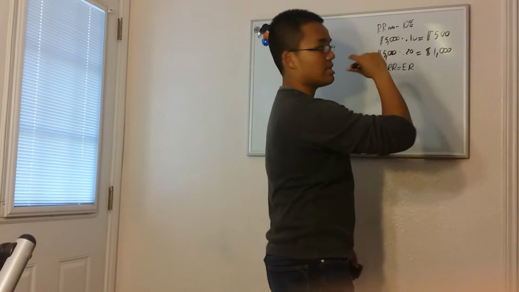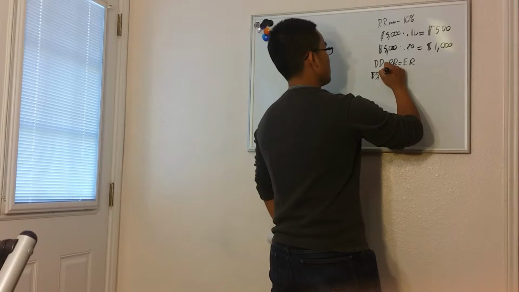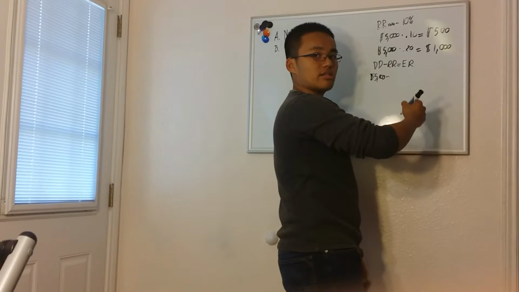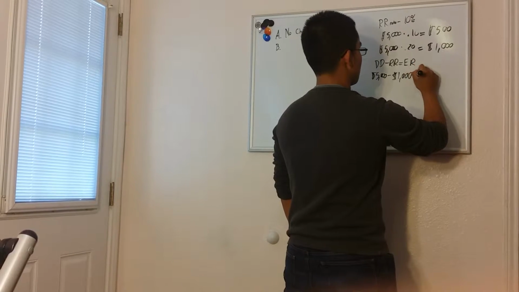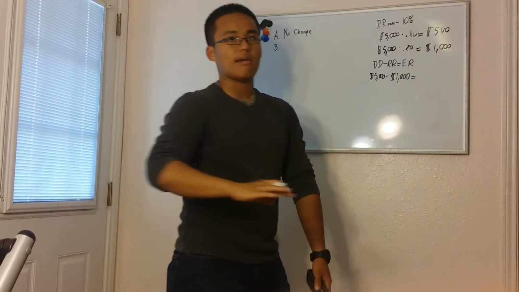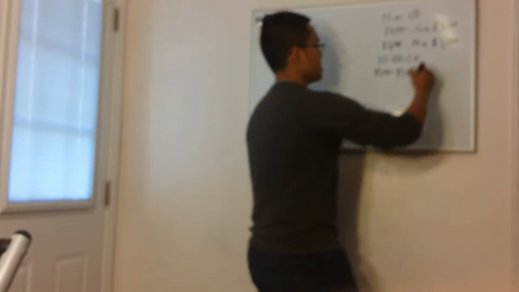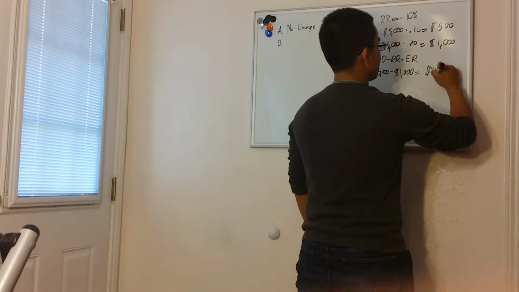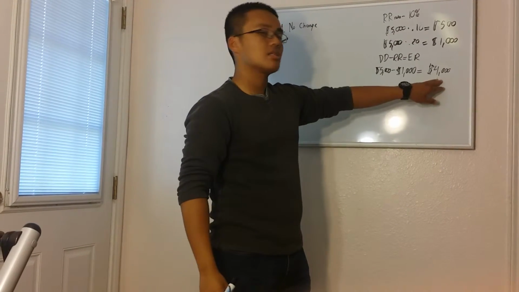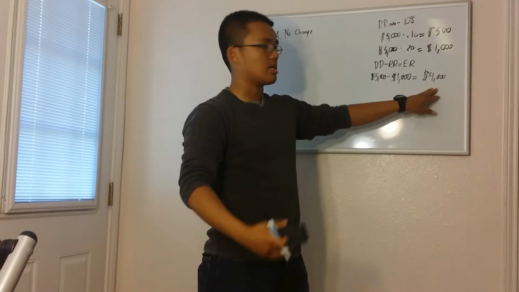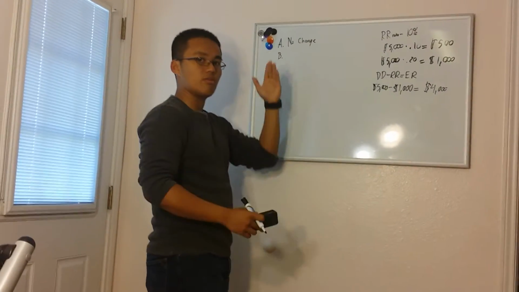Now we know that our DD is $5,000 and our RR is $1,000. Now 5,000 minus 1,000 equals 4,000. So this is the amount that the bank in this problem can increase its loans by. That will be your answer to B, number 1.